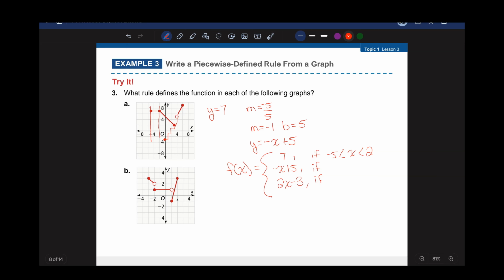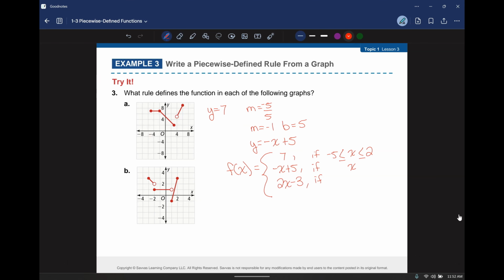All right, we have closed circle, so equal to, equal to. All right, the middle piece is going to go from negative 2 to 3. So negative 2 to 3.